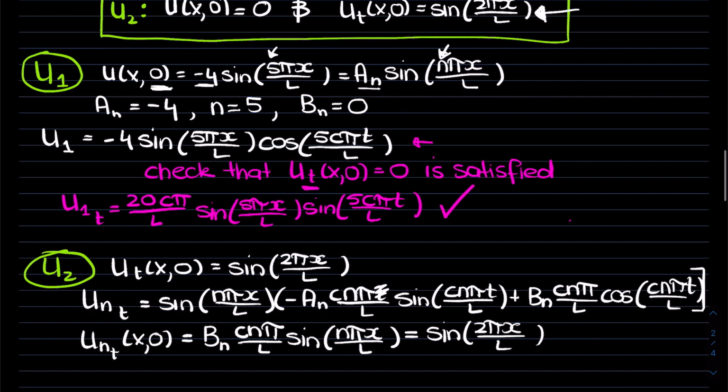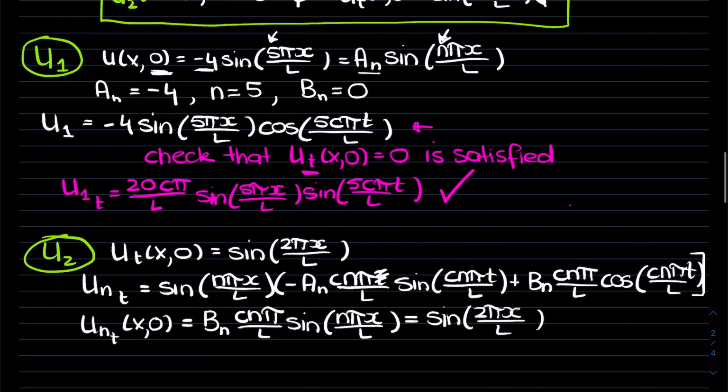So just equating coefficients, from here we need to find what n, a_n and b_n are.